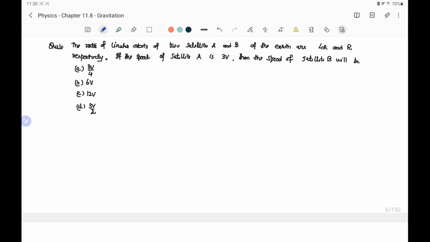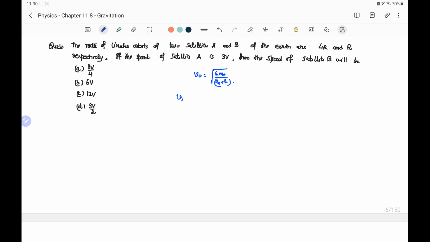Fourth question is, the radii of the circular orbits of two satellites A and B of the Earth are 4r and r respectively. If the speed of the satellite A is 3v, then the speed of the satellite B will be. We know that orbital speed of a satellite is v0, that is equal to root of GM_E by (RE plus h).